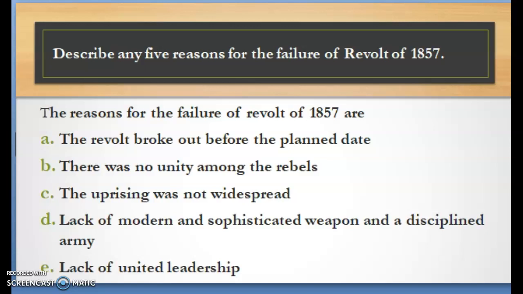Next is the lack of modern and sophisticated weapons and a disciplined army. The British had both these things. They had modern and sophisticated weapons. They had an organized system of communication through which they could send messages to their allies in different parts of India and get help.